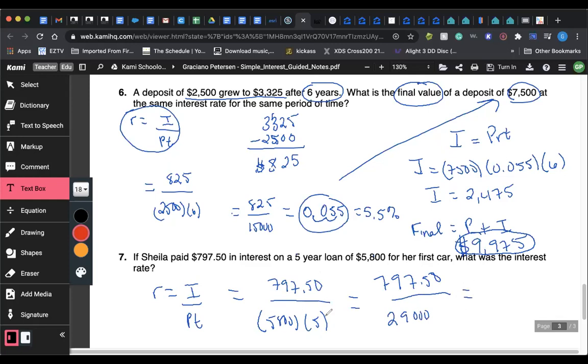My final step to get the rate is to divide $797.50 by 29,000. So my rate is 0.0275. Of course, I'm going to change that into a percent by moving the decimal two places to the right. So my rate is 2.75%.